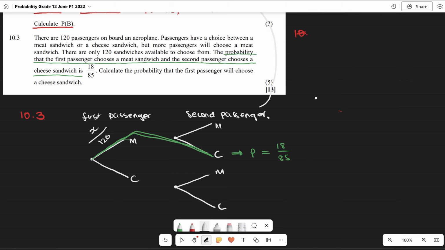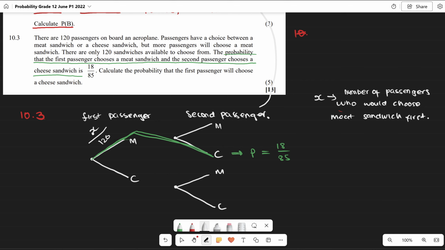So x is the number of passengers who would choose the meat sandwich first. That is what we have as our x there.